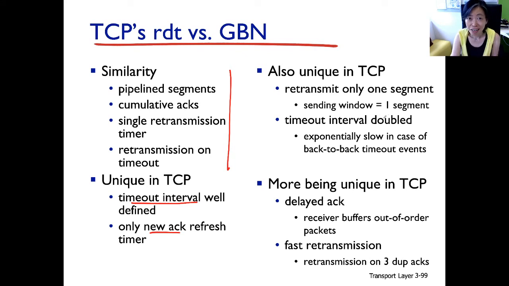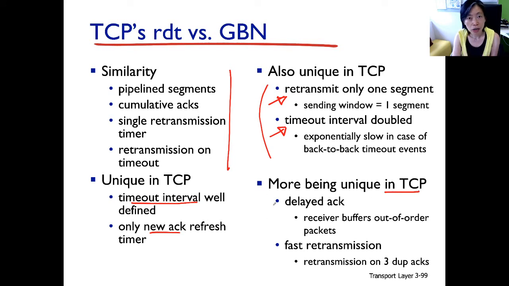TCP is also not only doing reliable data transfer, it also does congestion control, flow control, and everything else. Therefore, we see when there is a timeout, the retransmission window is only dropped to 1, and the timeout interval could be doubled. More unique in TCP are these.